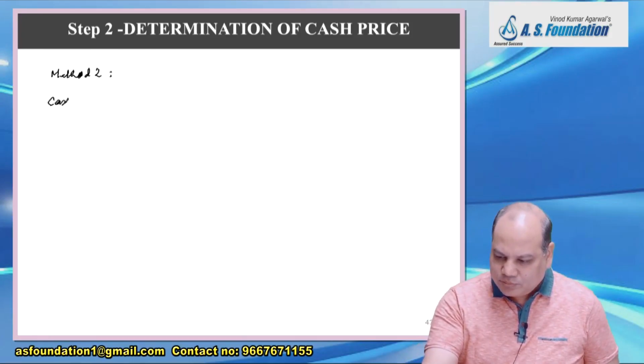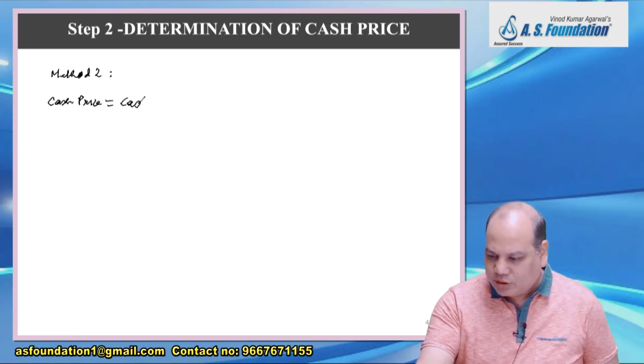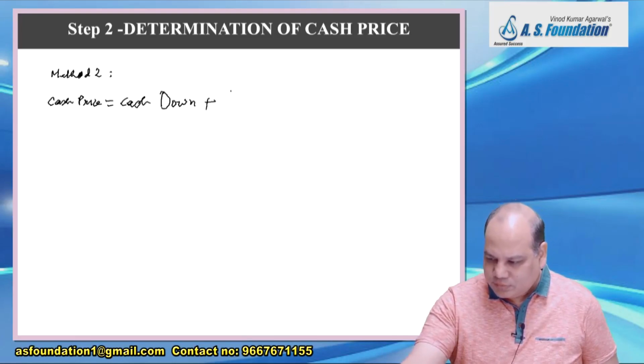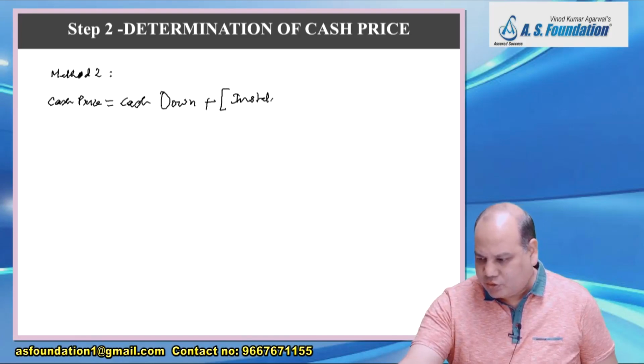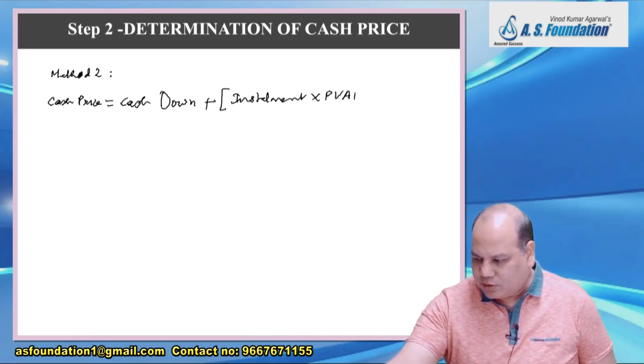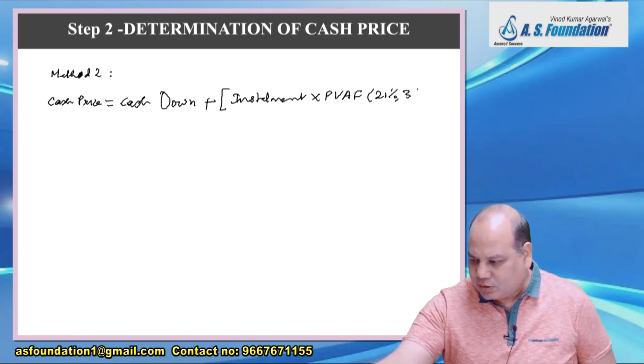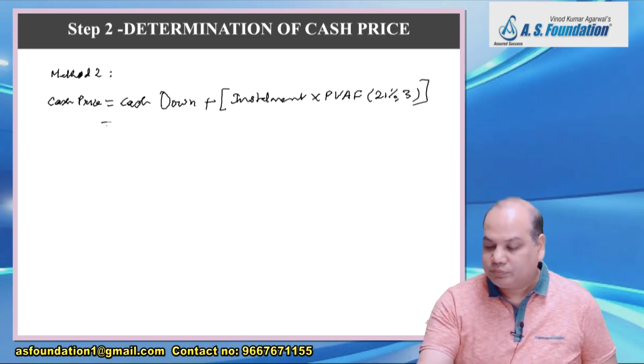Cash price is equal to cash down plus, in bracket, installment into PV annuity factor at 21%, and 3 installments are there.